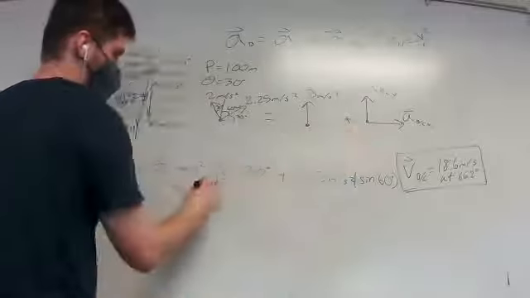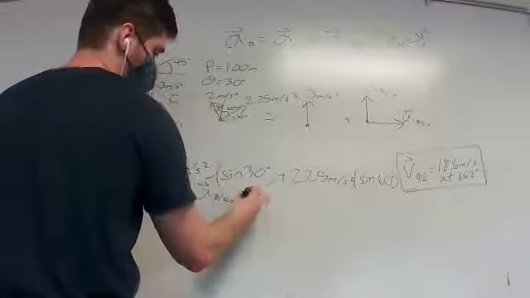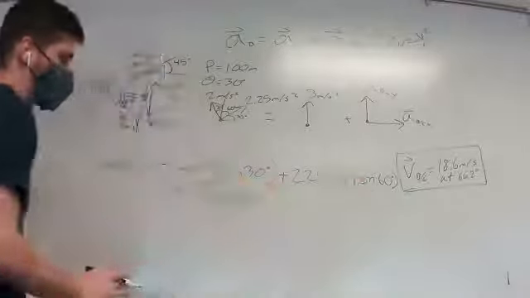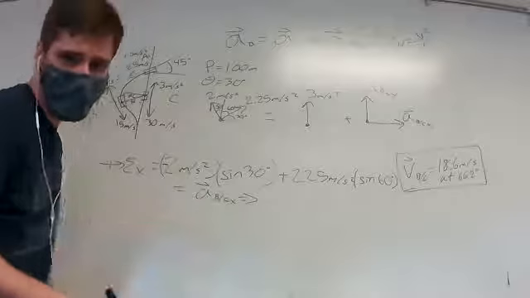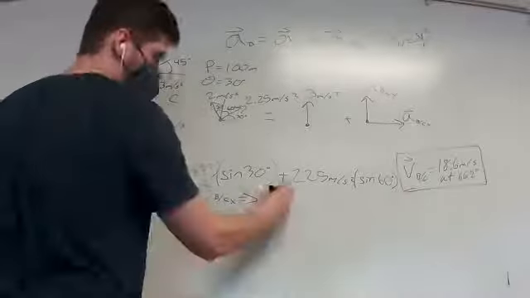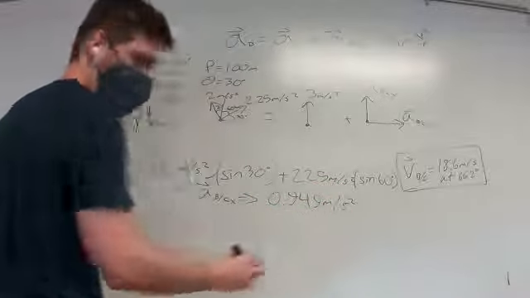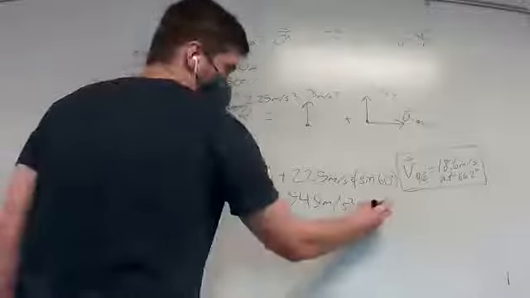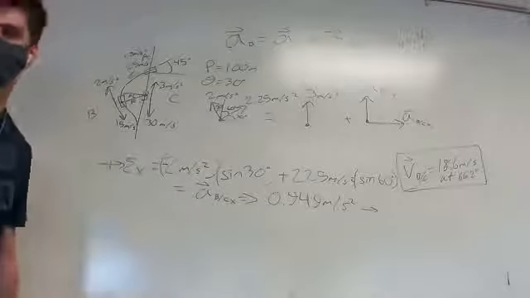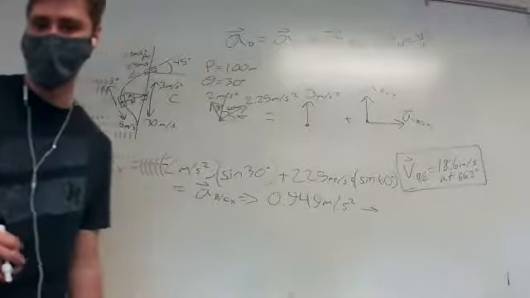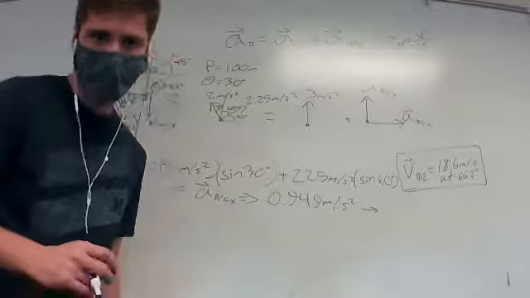And that's going to be equal to nothing here because this is perfectly vertical, equal to our unknown ABCX, meters per second squared to the right, because we get a positive answer. So our assumed direction is correct.